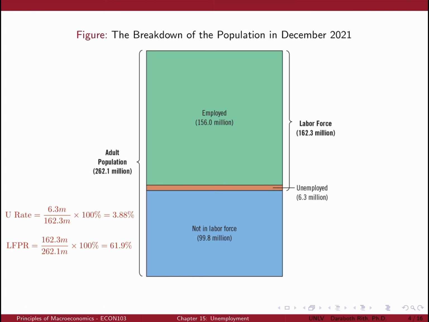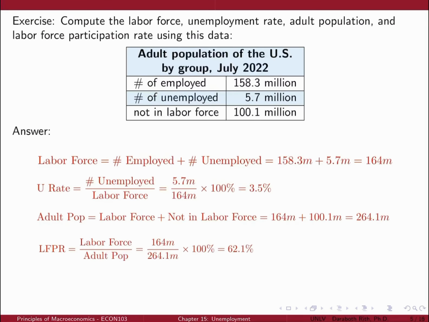Because the adult population was 262.1 million, the labor force participation rate can be calculated by taking labor force divided by the adult population. That is 162.3 million divided by 262.1 million times 100% equals 61.9%.